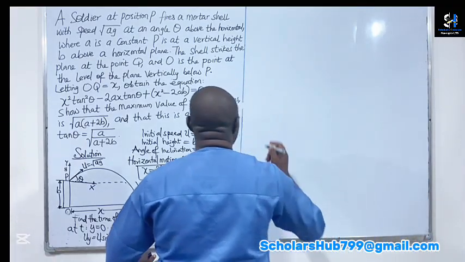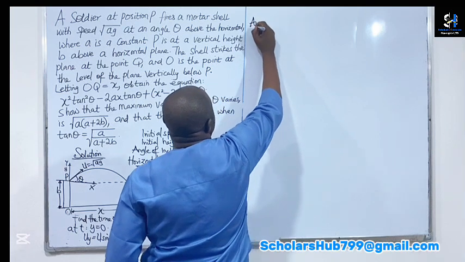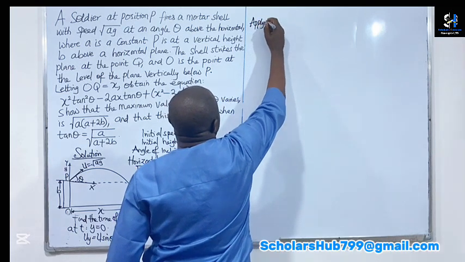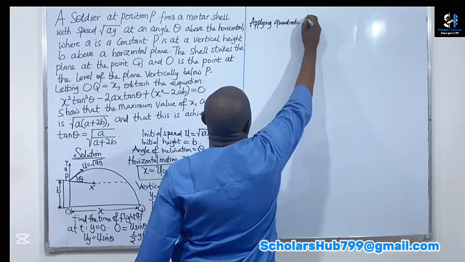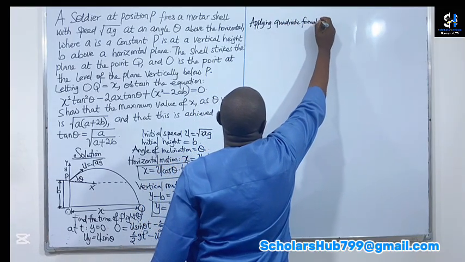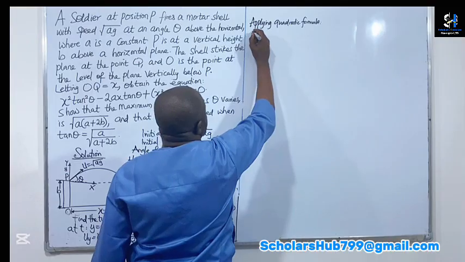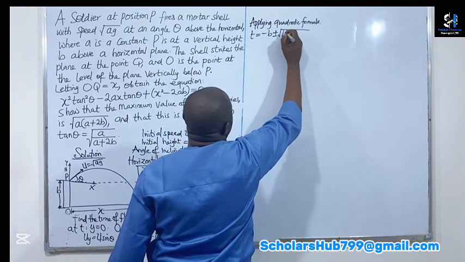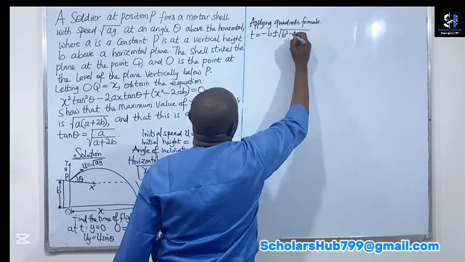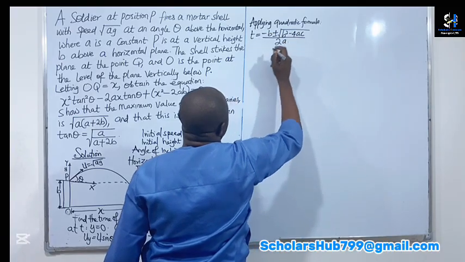All right, so we know from here that applying the quadratic formula, t will be equal to negative b plus or minus square root of b squared minus 4ac, divided by 2a.